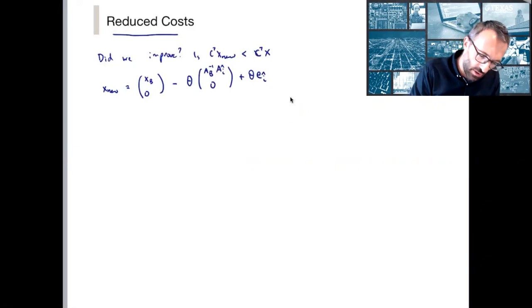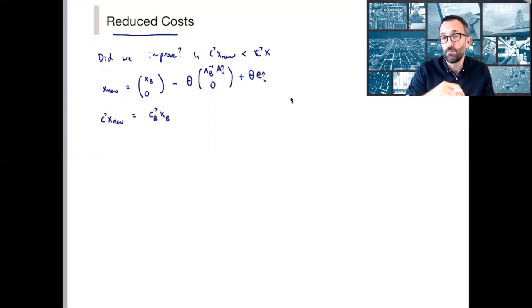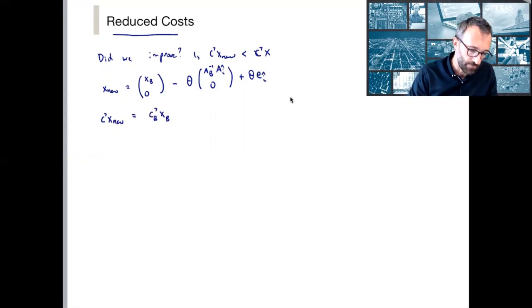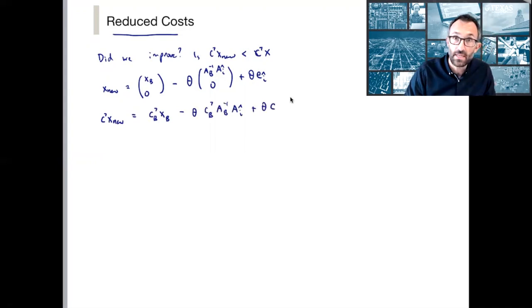And so therefore, c transpose times x new is equal to cB transpose xB plus cB complement transpose zeros, minus theta times cB transpose AB inverse A i hat, plus theta times c transpose e i hat, which is just c i hat.